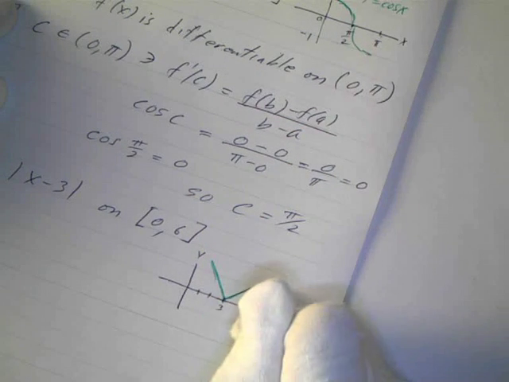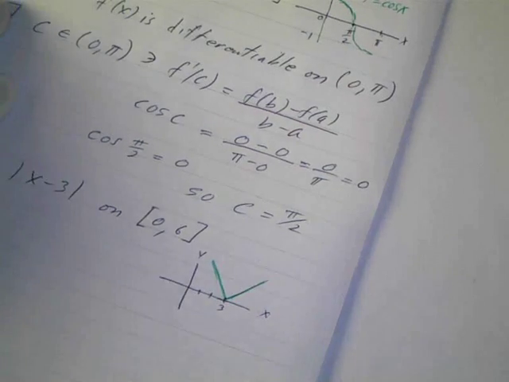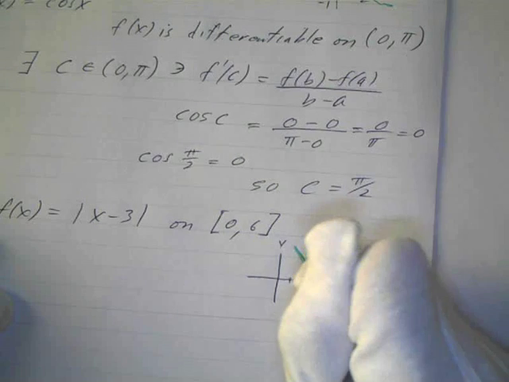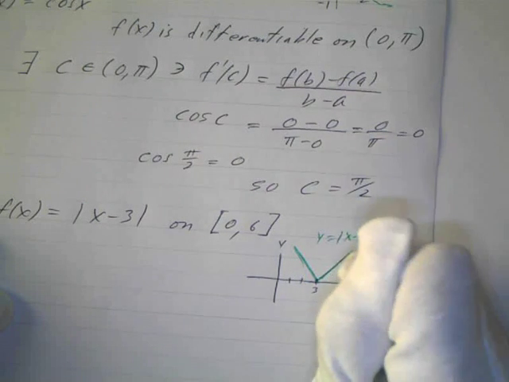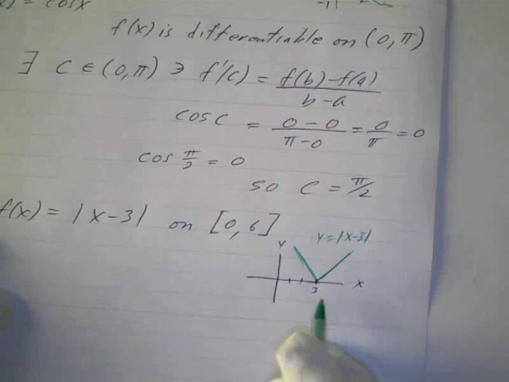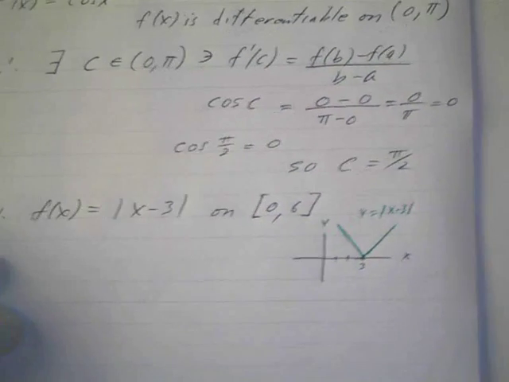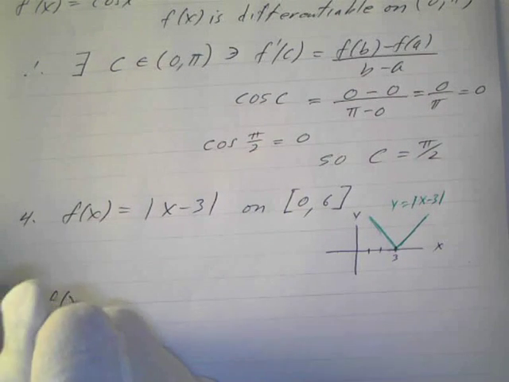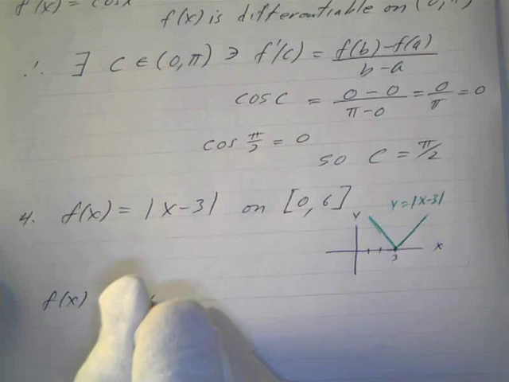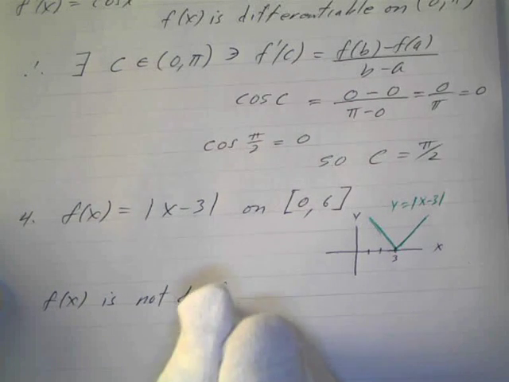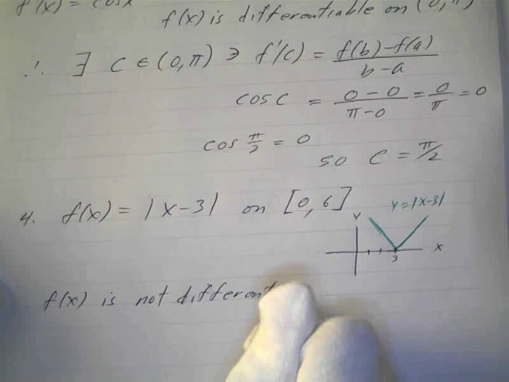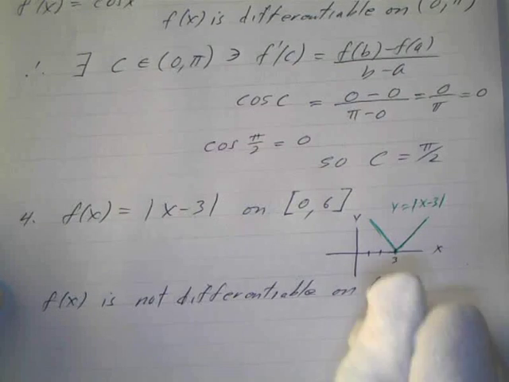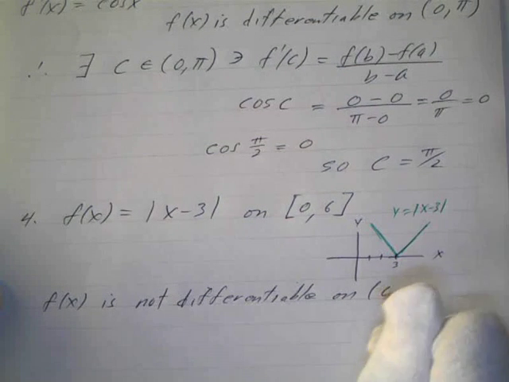And what happens at 3 when x is 3? Looks like we have a corner, right? This is y equals the absolute value of x minus 3. And right over here at 3 we have a corner, so we know that's not differentiable. So we say f of x is not differentiable on the open interval 0 to 6.